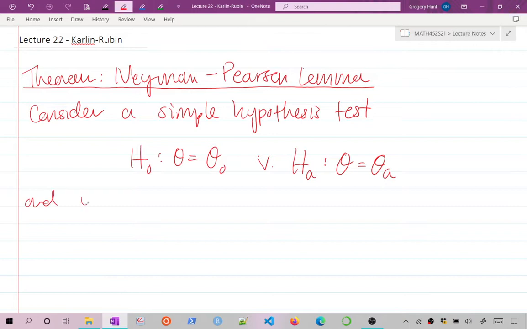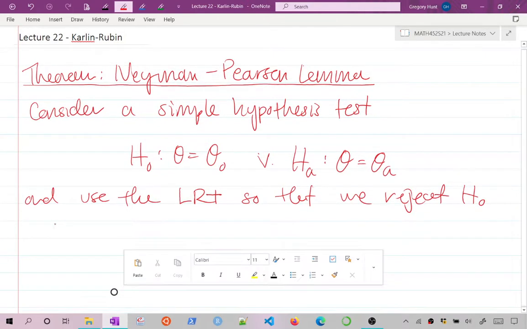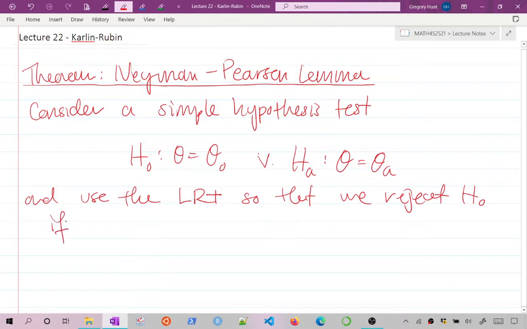And we're going to use the likelihood ratio test so that we reject the null hypothesis if lambda, our likelihood ratio test statistic, which is just going to be L of theta naught over L of theta A, is small.